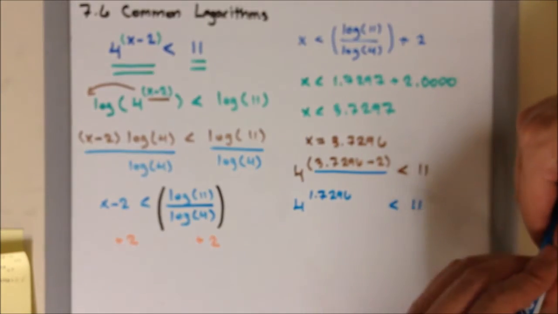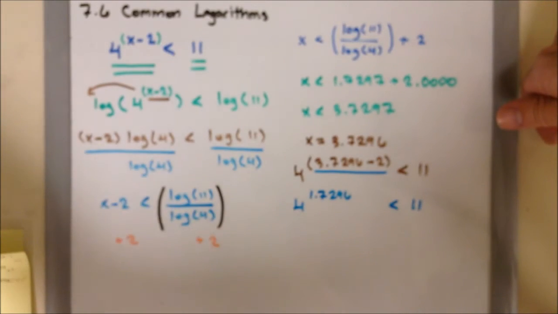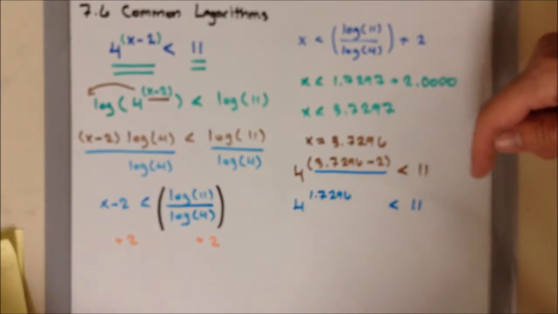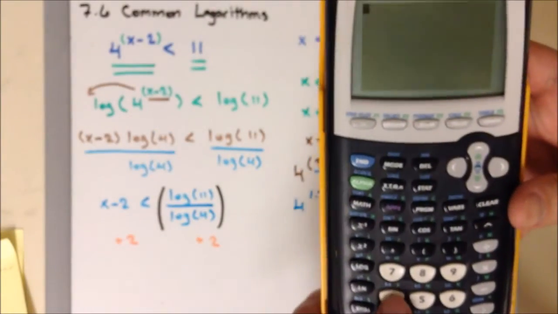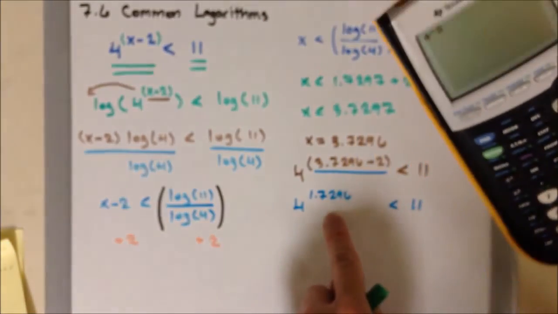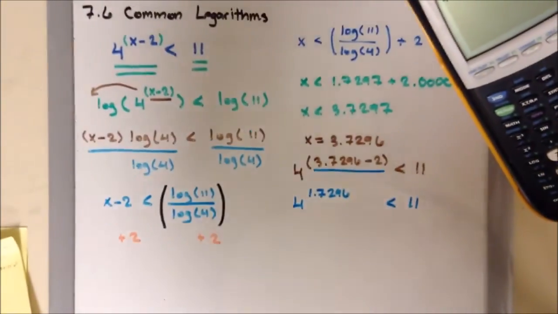So 4 to the power of 1.7296. So let me clear this. I'm going to hit 4, raise it to what we have here, 1.7296.